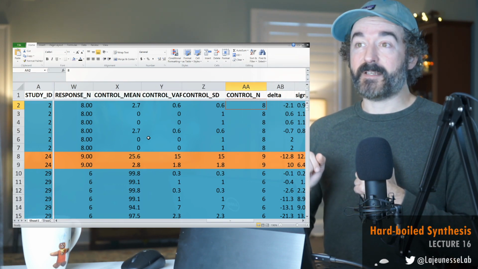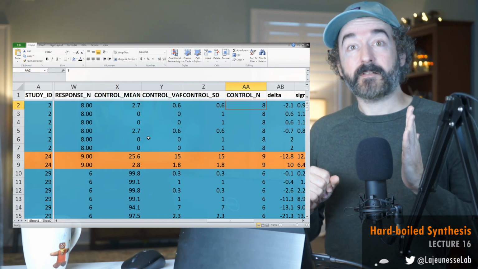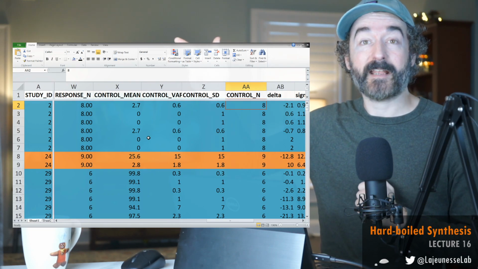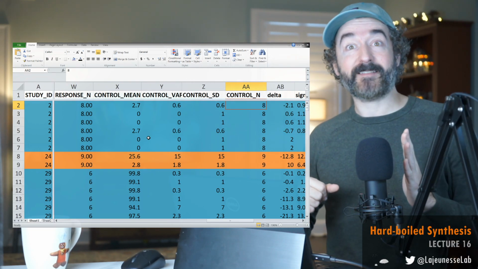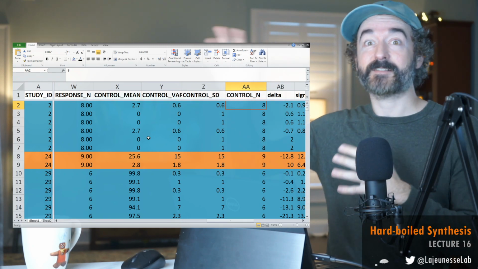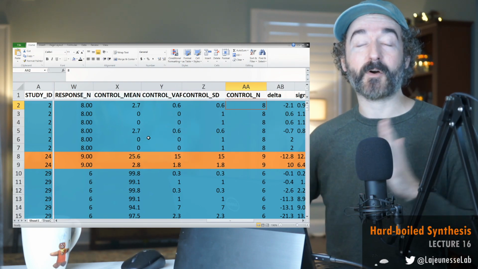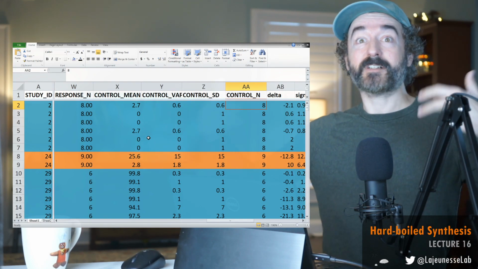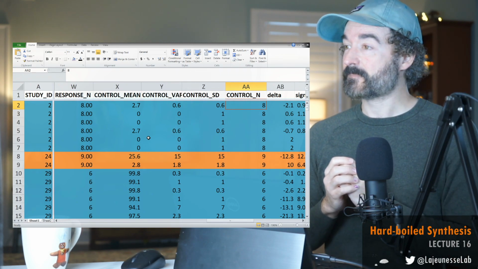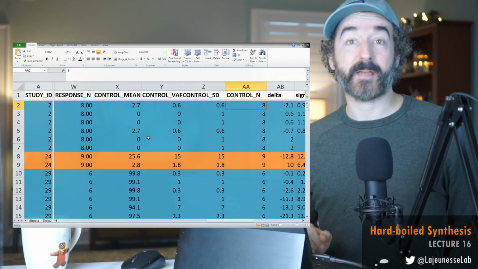And so what you would do is fill in all the gaps, do a meta-analysis, and then fill in all the gaps again randomly, repeat the analysis, fill in all the gaps, repeat the analysis. You know where I'm going with this, right? And so you repeat it over and over again, and then you take an aggregate view of all those analyses, and cooked into it is the error associated with imputing information.